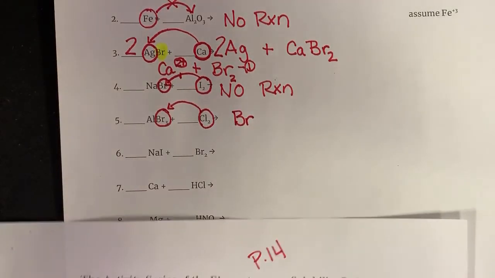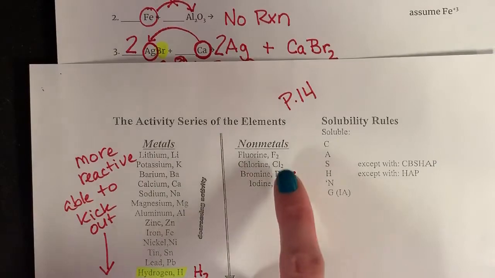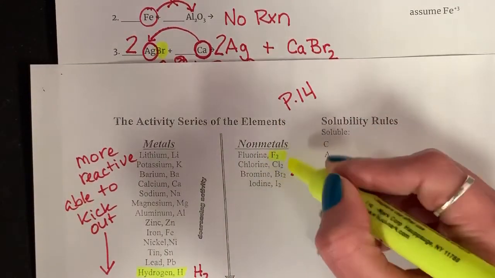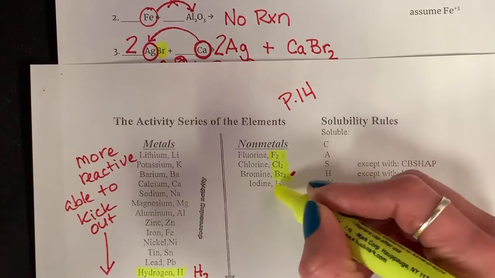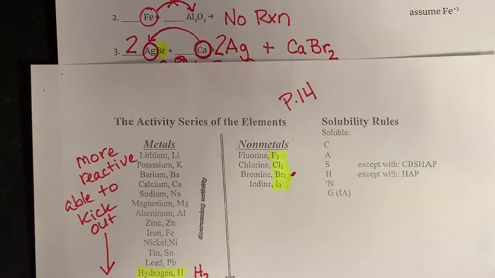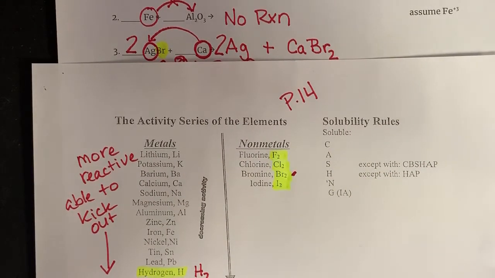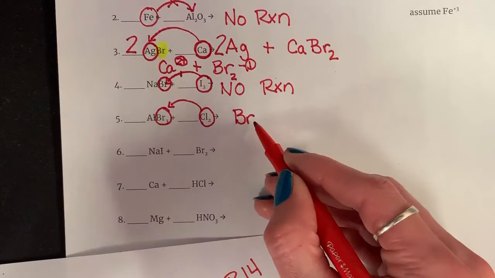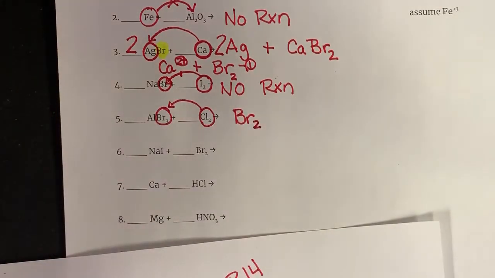Now be careful. All of your non-metals look like hydrogen. F2, Cl2, Br2, I2. When they are in elemental form, they are diatomic. So even though bromine gets kicked out, he has to be Br2.